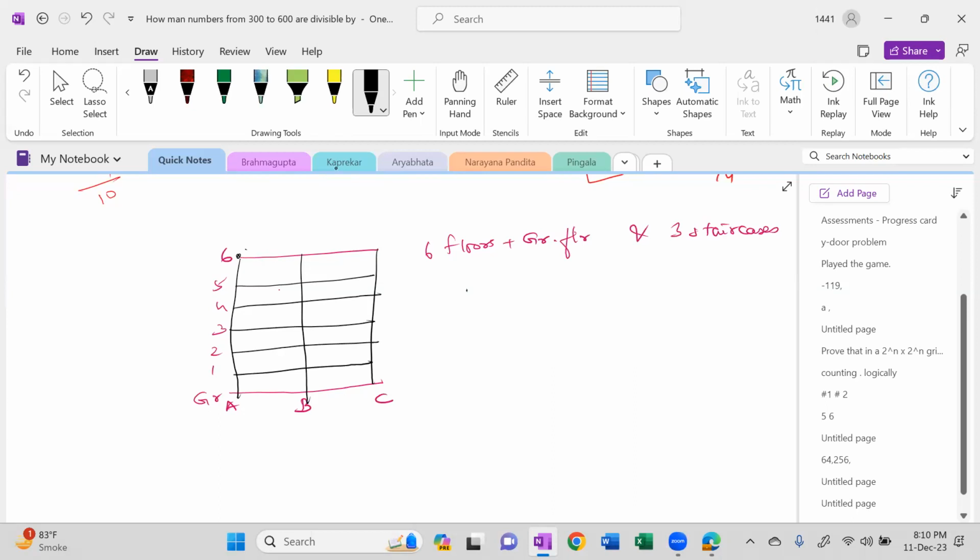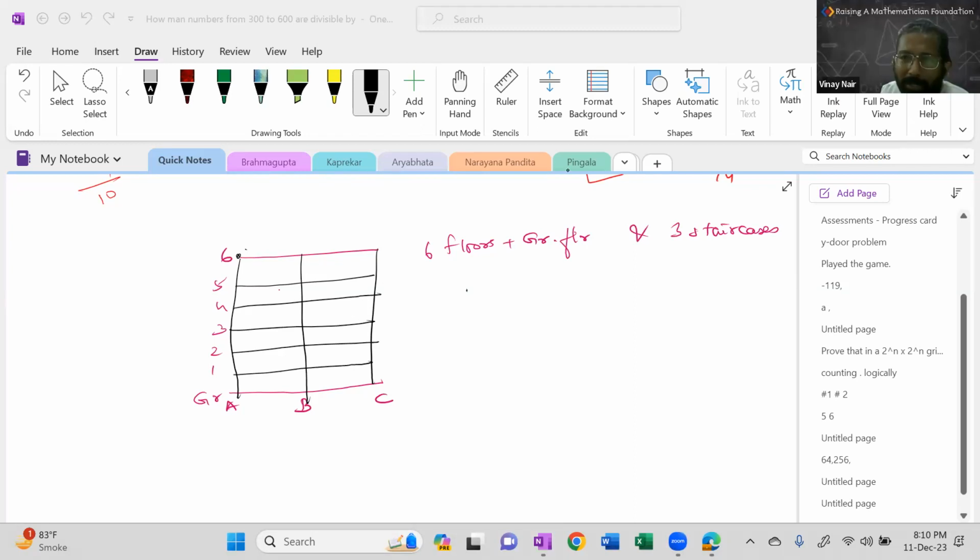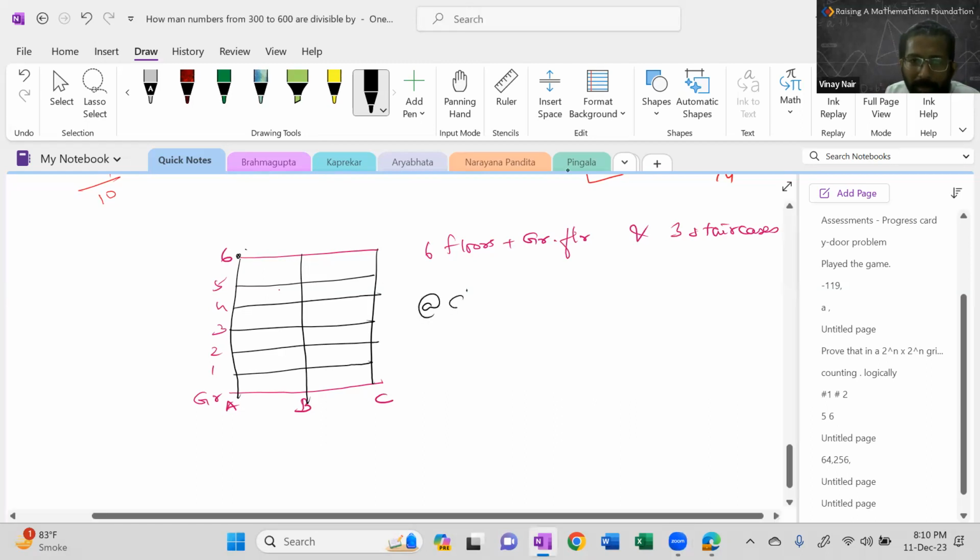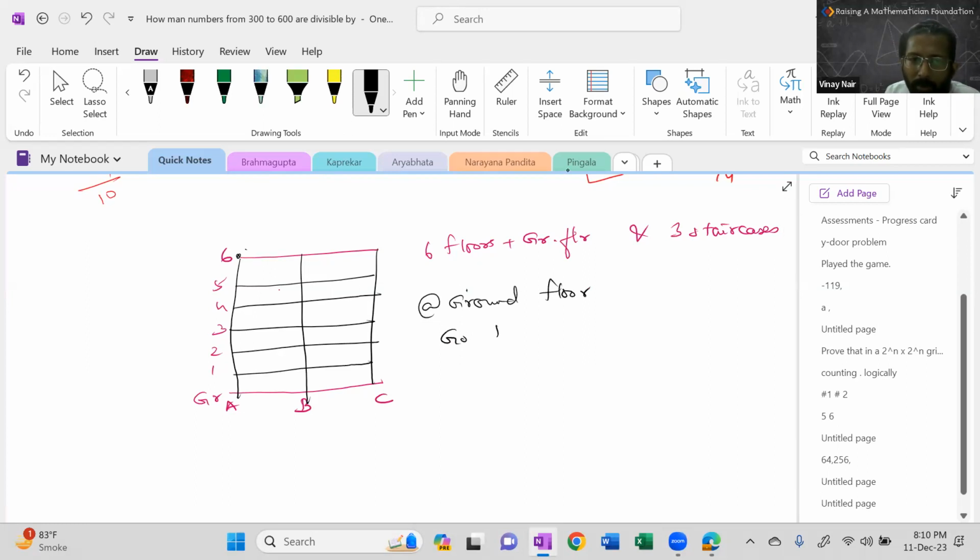Sir, where exactly is the restroom? The point of the restroom, no, so the question is this. Forget about how they are going to come to the restroom or whatever. You can take different paths to come down or go up. Let's say that you are at the ground floor. You want to go to the 6th floor.